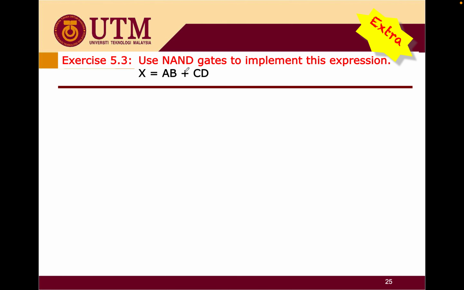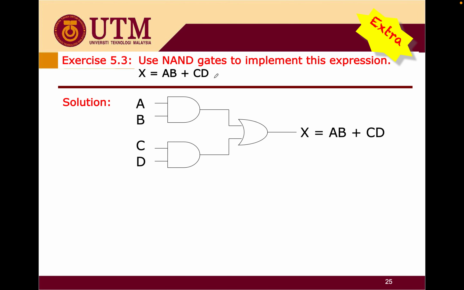So this one is very easy. You have AB plus CD. Try to do this by using only NAND gates. So you need to remember how NAND gates are represented.